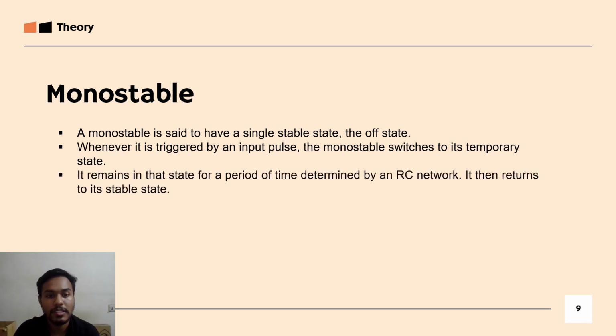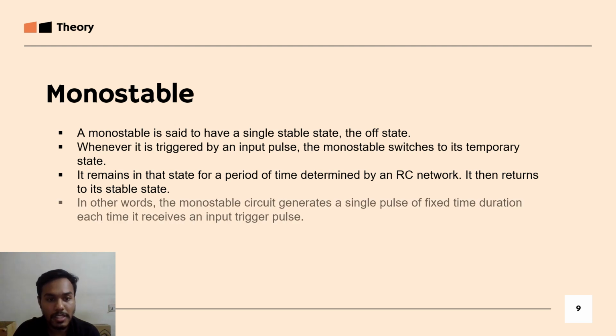It remains in the state for a period of time determined by an RC network. It then returns to its stable state. In other words, the monostable circuit generates a single pulse of fixed time duration each time it receives an input trigger pulse.